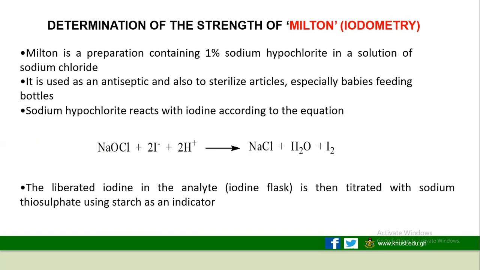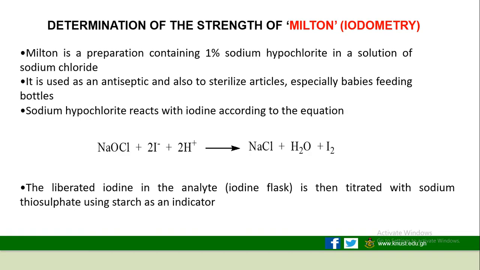Determination of strength of Milton. Milton is a preparation containing 1% sodium hypochlorite in a solution of sodium chloride. It is used as an antiseptic and also to sterilize articles, especially babies' feeding bottles.